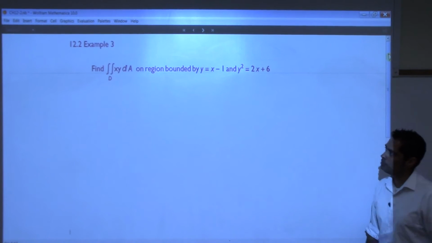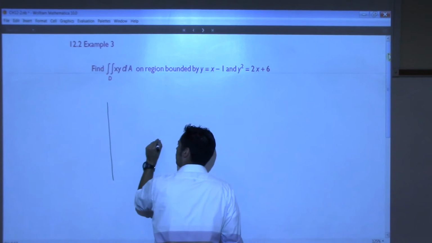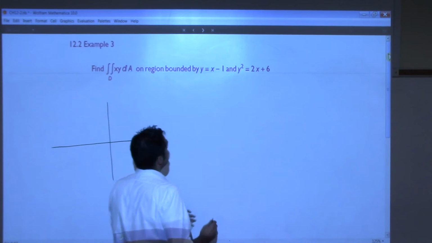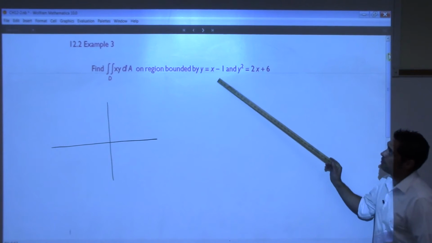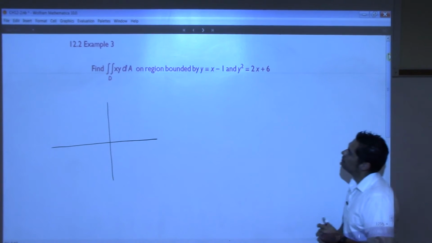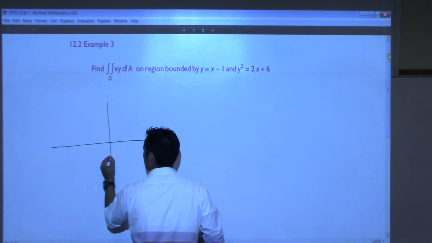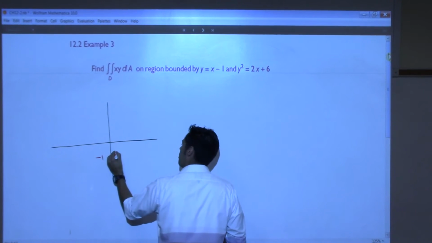Okay. Let's see if we can draw this, though. Y equals x minus 1. That should be easy for all of us to draw, right? Y-intercept of -1 has a slope of 1.